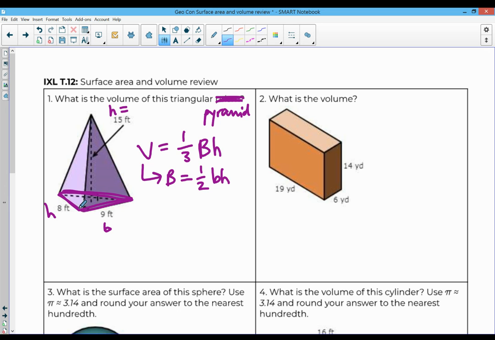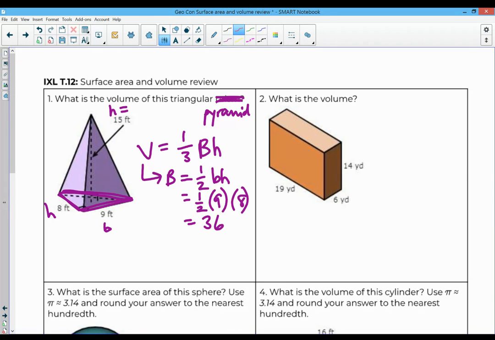We have to find the area of this triangle first, because that's going to be the area of the base of this pyramid. It seems kind of weird that we have two different numbers for h. 1/2 base, that's 9, times height, which is 8. Plug that into my calculator to get 36.